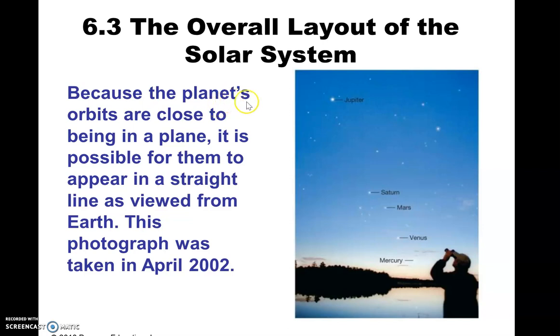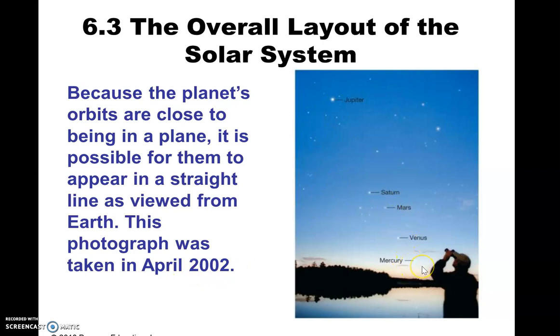Because the planets are all in a relatively close plane, there are times, and this was one particular time in April of 2002, when we see all the visible planets, the planets that were visible to the ancients, basically lining up. They're usually in different parts of the sky at different times of the year, but this particular time back in April of 2002, you notice there's Jupiter, Saturn, Mars, Venus, and Mercury.